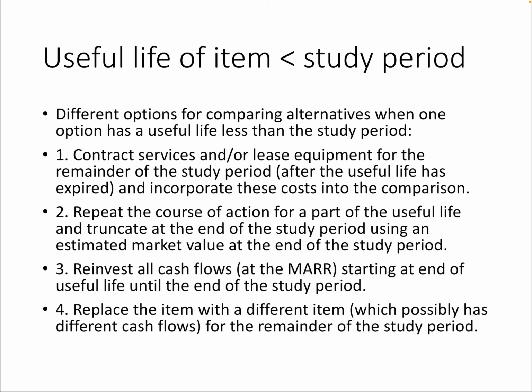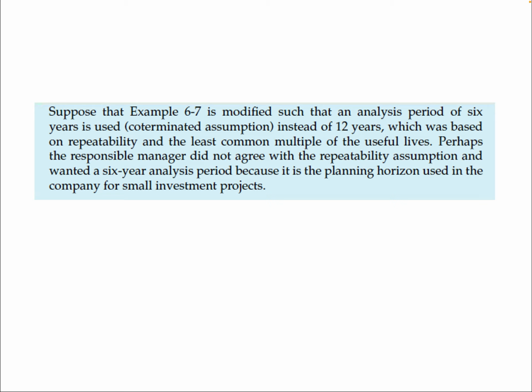That new equipment could be different than the first one, different price, different cost of maintenance. So it doesn't matter as long as it can last for another 2 years to reach the 6 year study period, it's fine. Okay, so there are so many methods you can use to deal with this situation. And now the common one is we just use the third option, the third method.